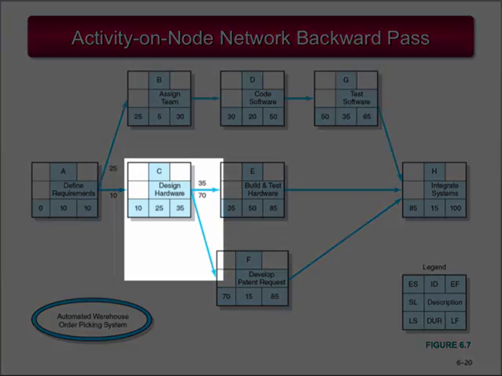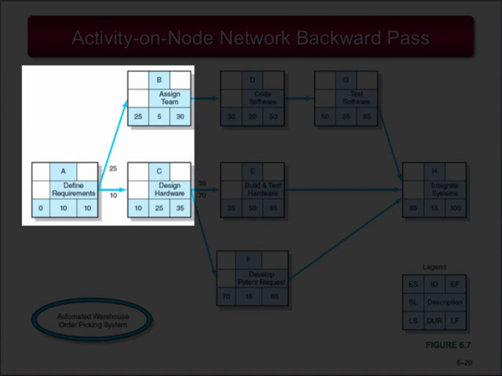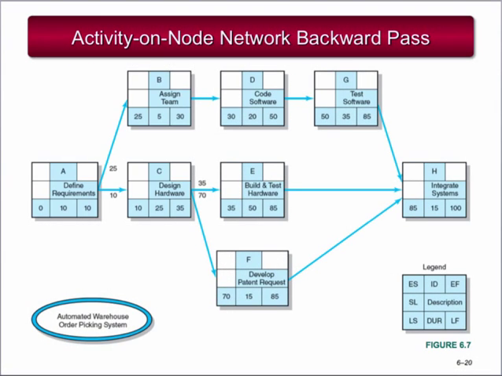We see that Activity C is a burst activity that precedes activities E and F. The smallest late start of activities E and F is Activity E, which is 35. This determines the late finish for Activity C. The late start for Activity C becomes 10. Moving backward to the first project activity, we note it is a burst activity that links activities B and C. The late finish of Activity A is determined by Activity C, which has the smallest late start of 10 days.